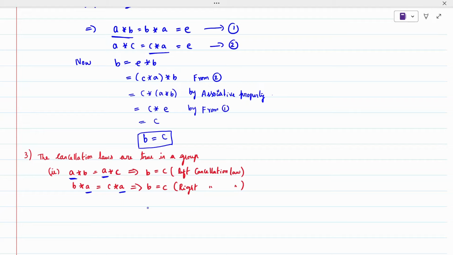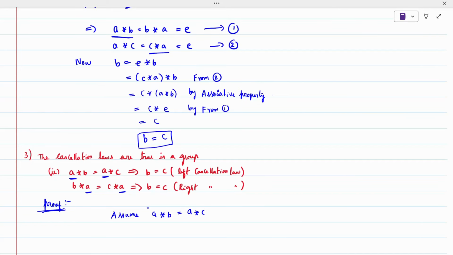So how can I prove it? So now for that proof, first I will take A star B. So assume A star B, I am taking equal to A star C. When I prove it for one, it is same for the other, the right cancellation also.